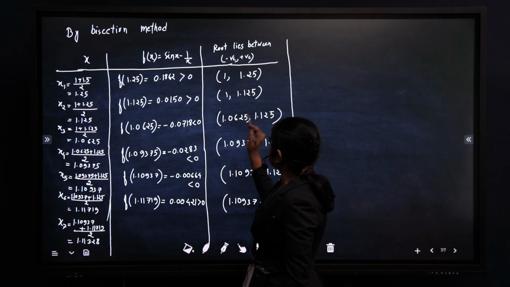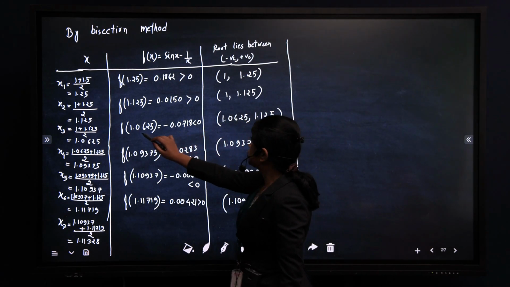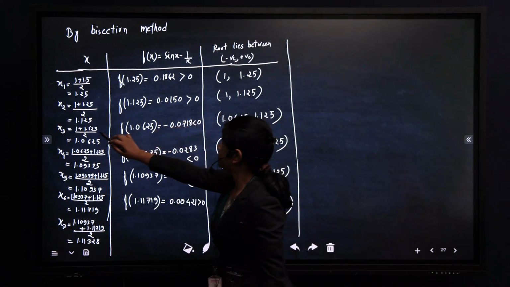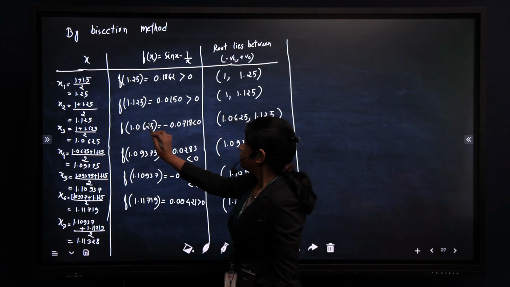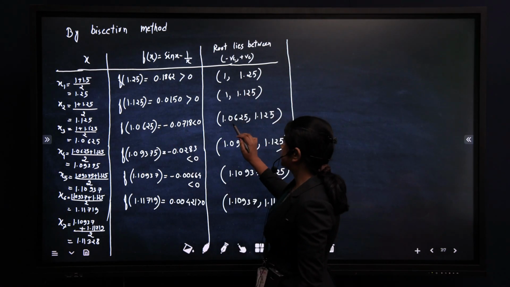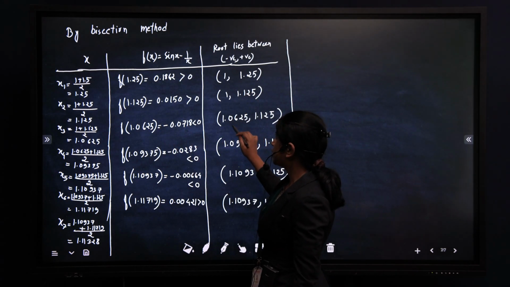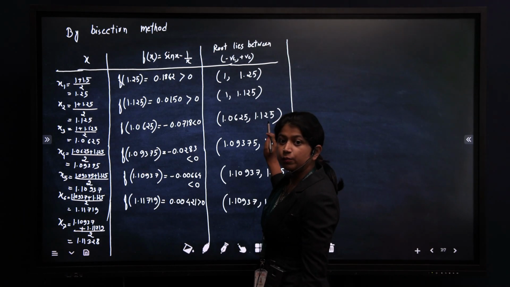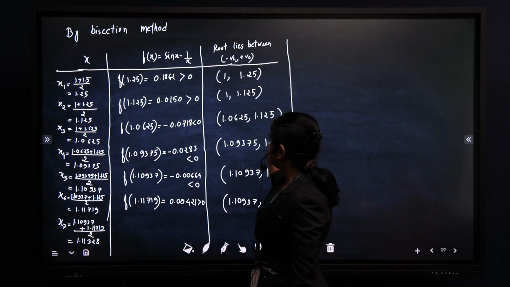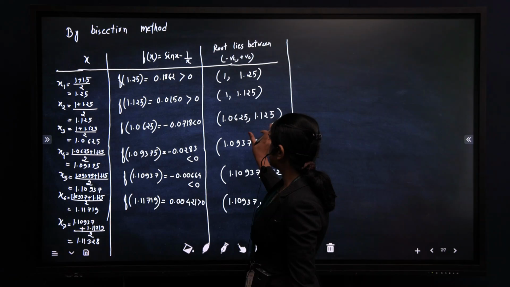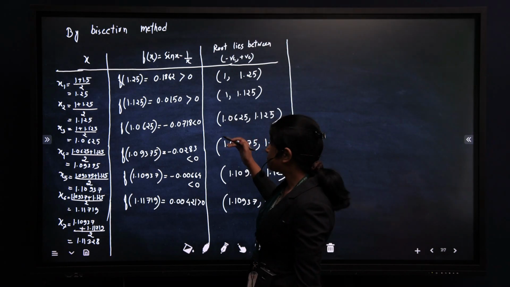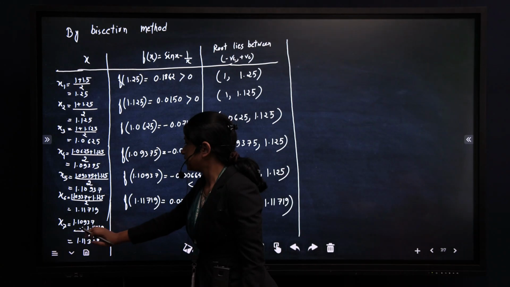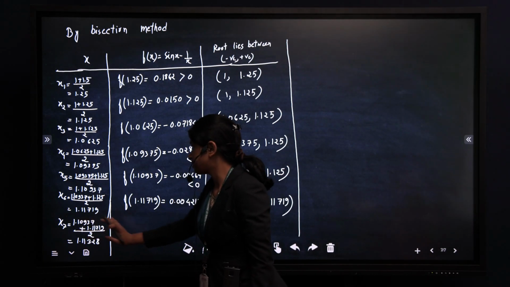So at this point it is giving negative, and here 1.125 it is giving positive. So the root will lie between 1.0625 where it is giving negative and 1.125 where it is giving positive value. Next approximation will be the average of these two. So likewise we are finding x4, x5, x6 and x7.